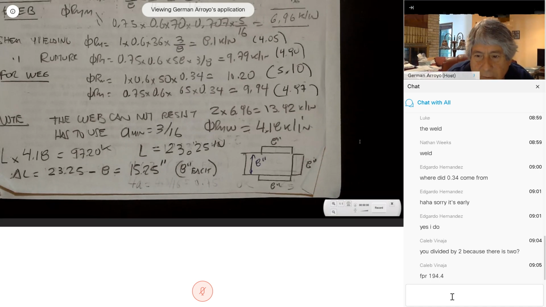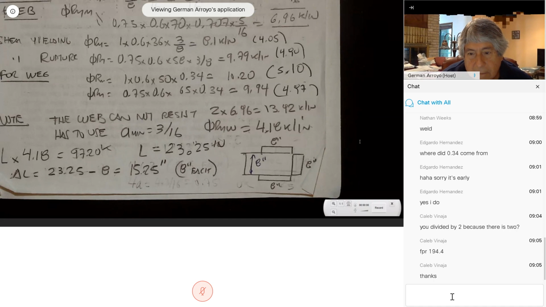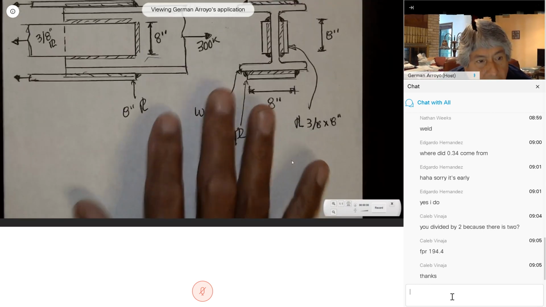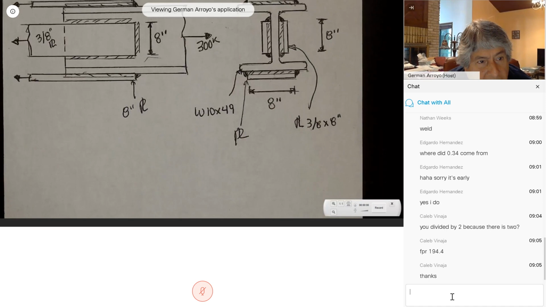Any question? Any question? So this is what I have on the web. Right now, here on the web, I had 8 inches, 8 inches, 8 inches of weld.